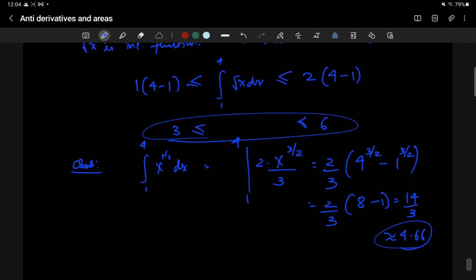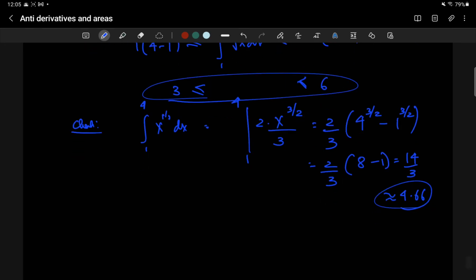The only thing that is left to be discussed is what is called the fundamental theorem of calculus, which is basically formalizing this idea that we have already seen, which is that derivatives and integrals, or antiderivatives, are inverses of each other.